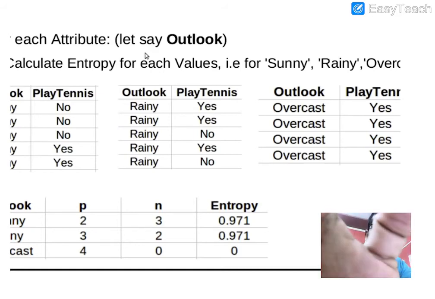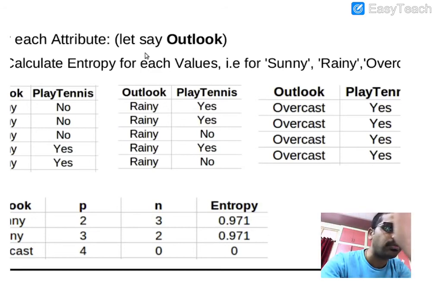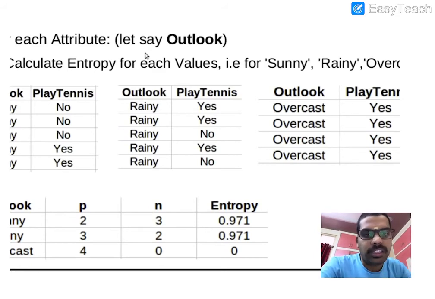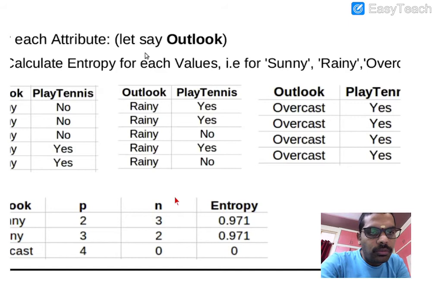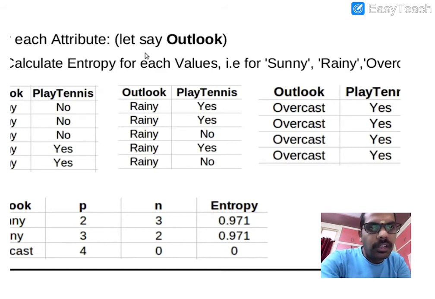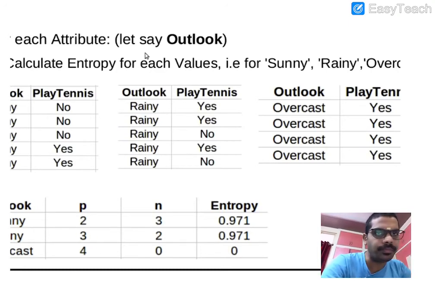For outlook sunny, how many positives? 2 positives, 3 negatives. For rainy, 3 positives, 2 negatives. For overcast, 4 positives and 0 negatives. So here we have split the table into individual tables.